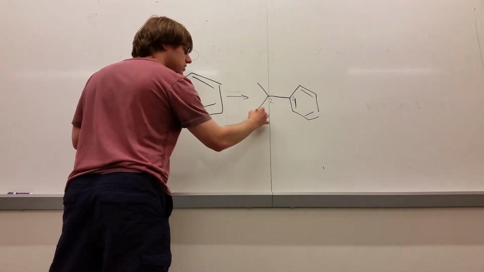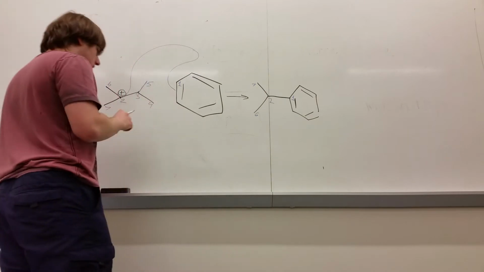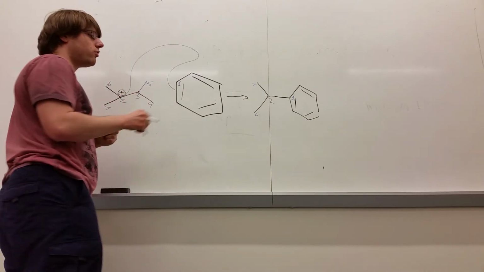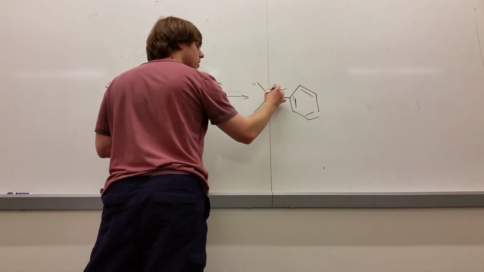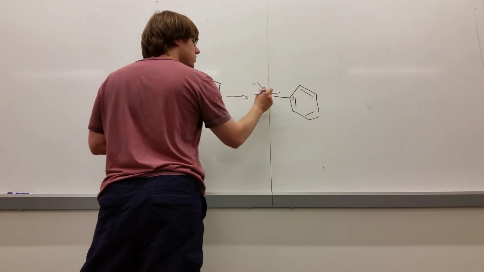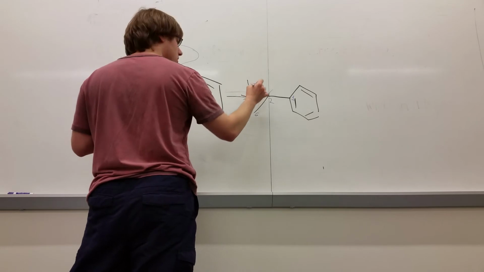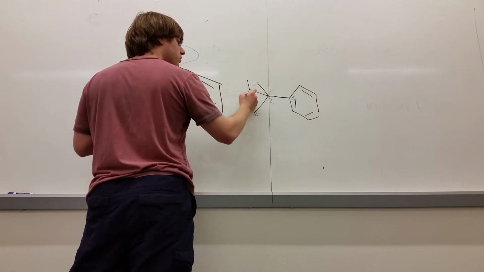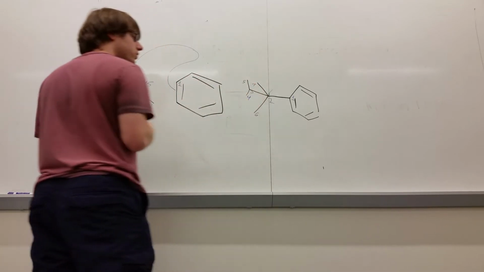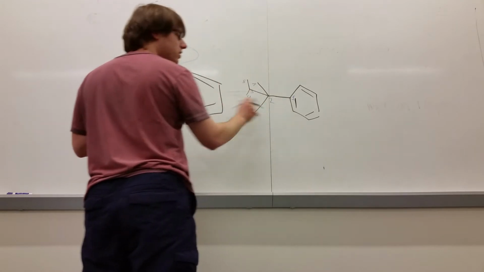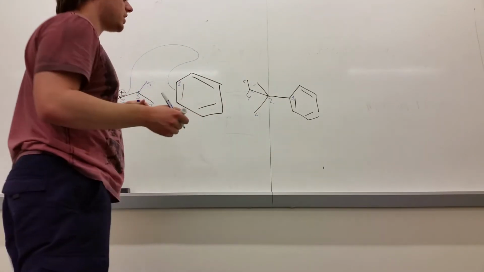So let's say this is 6 and this is 7. And then I also have 3, which had 5 and 4 on it. So coming off of 2, I will also have, let's say it goes this way, 3 and 4. So 3, 4, and 5. Okay? So this would be my major product of the reaction.